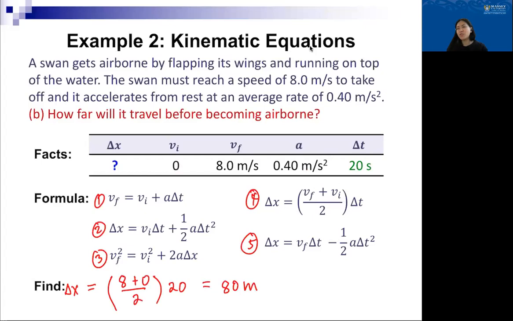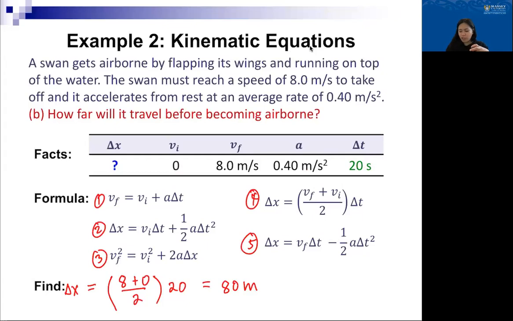But if you wanted to check your answer, or if you weren't sure of your delta t answer, then you can use an alternative equation that doesn't use delta t, just in case you're not sure whether delta t equals 20 seconds is correct, because that's something that you've solved.